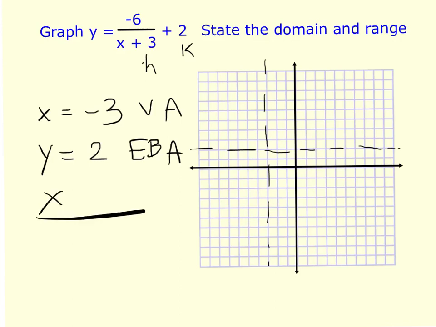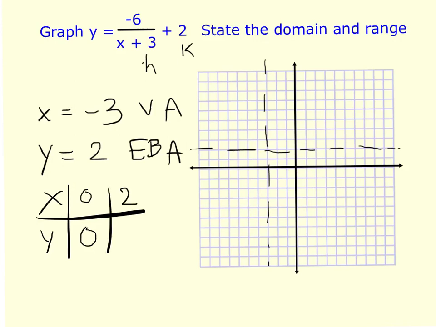So the points that I'm going to test, for sure, 0. I'll just start there, and I'm going to talk through this because I think you can handle it. If I put 0 in for x, that's going to be 3. Negative 6 divided by 3 is negative 2. Negative 2 plus 2 is 0. Then I'll plot that point later. I'm going to test positive 2 while I'm at it.